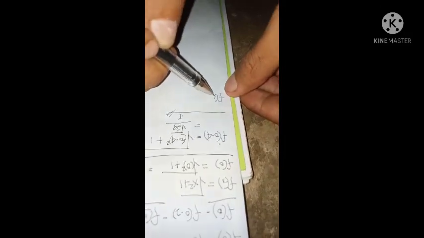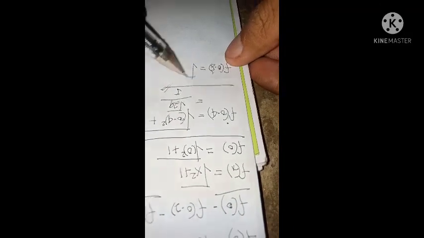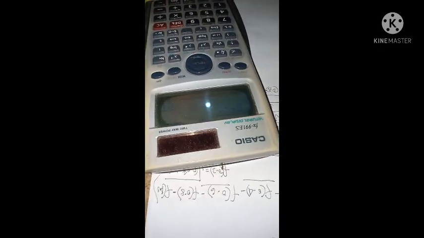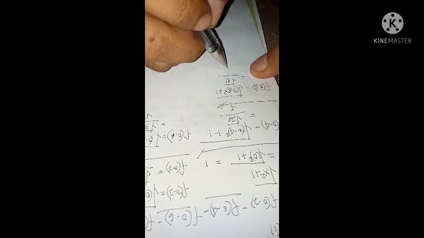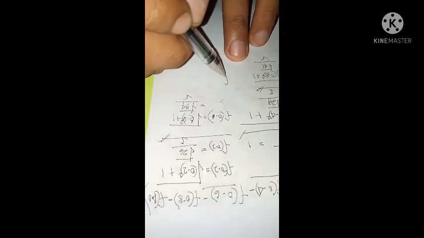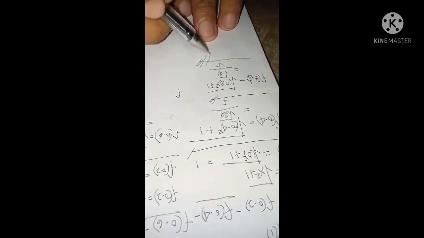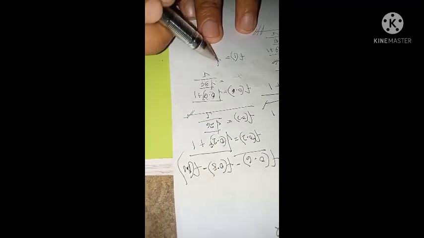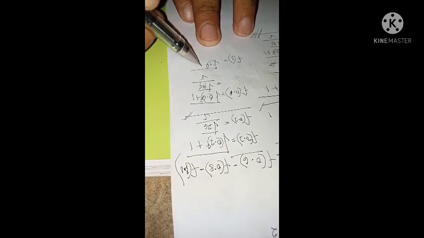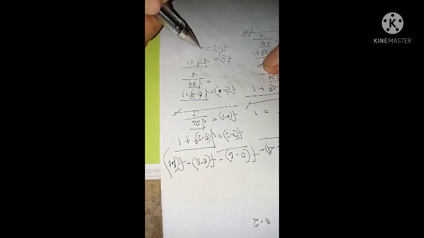Then f of 0.8 is equal to the square root of 0.8 squared plus 1, which is equal to the square root of 41 all over 5. And the last is f of 1, which is equal to the square root of 1 squared plus 1, so f of 1 is equal to the square root of 2.